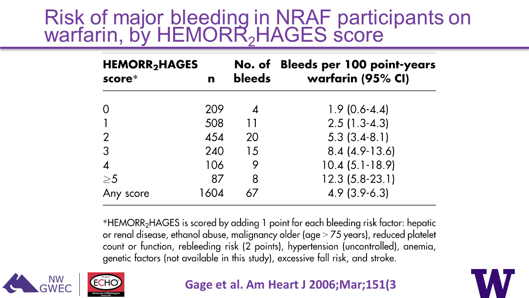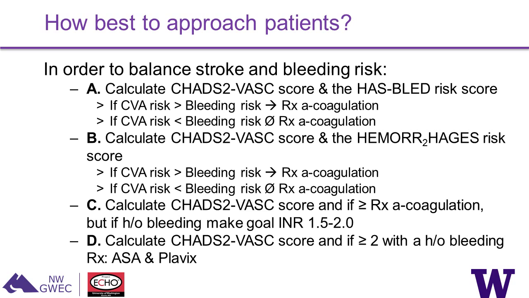So here's our polling question, thinking about our 83-year-old woman and how to best balance stroke risk reduction with her bleeding risk. So choice A is calculate her CHADS-2 VASC score and the HAS-BLED risk score. And if the stroke risk is greater than the bleeding risk, you should prescribe anticoagulation.